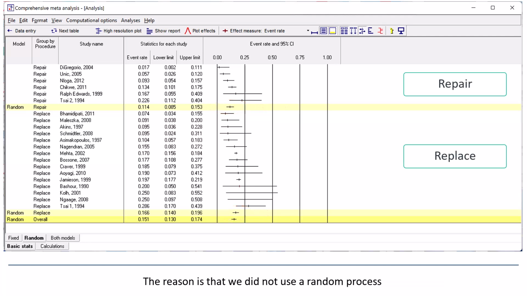And the reason is that we did not use a random process to assign studies to use replacement versus repair. Therefore, we need to be concerned that there might be other variables which are confounded with the type of procedure.